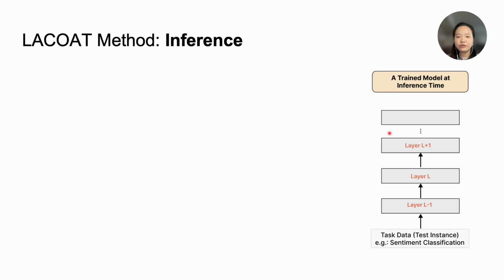After training, we move on to inference time. First, we input a test instance into the trained model. Then the method extracts the contextual embeddings of the test instance from a layer, the same layer L we used before, and identifies the most salient words using an attribution method.